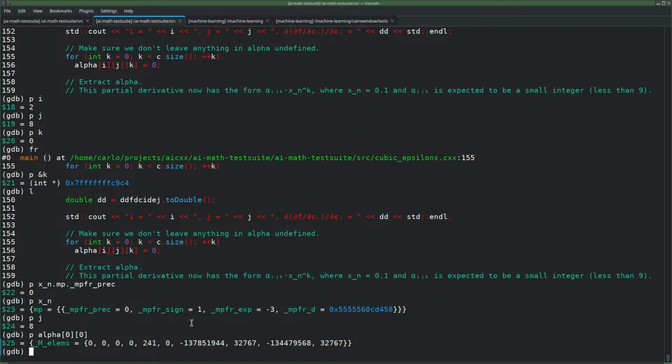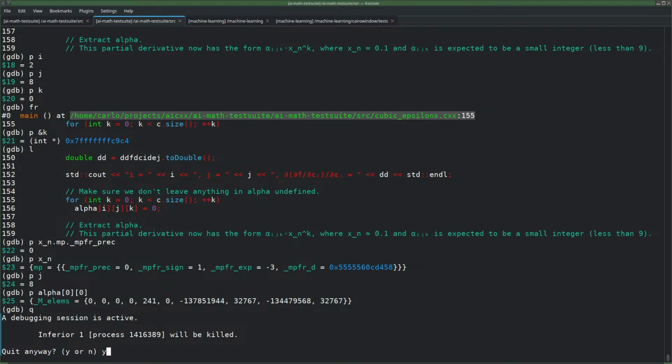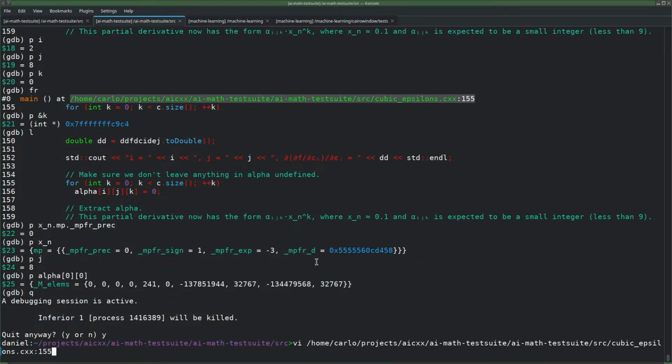Am I wrong? Okay. Seems that alpha is declared wrongly or something.